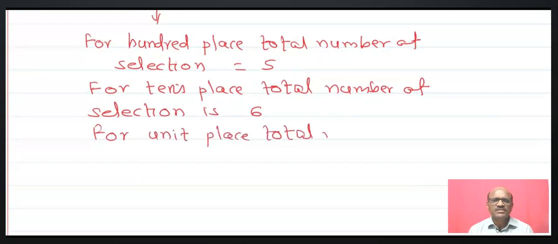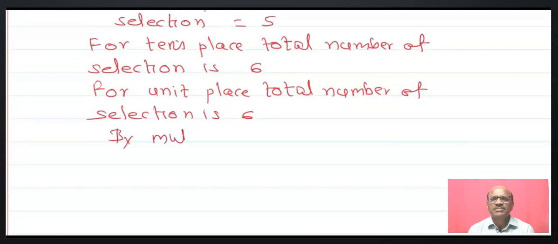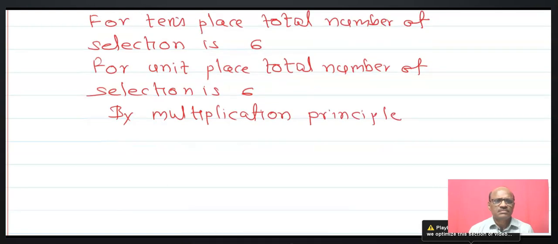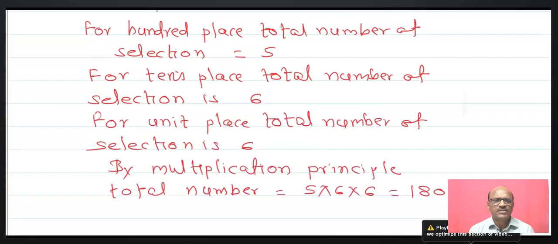And for the unit place, the total number of ways is again 6. Therefore, by the principle of multiplication, that is 5 into 6 into 6, that is equals to 180.